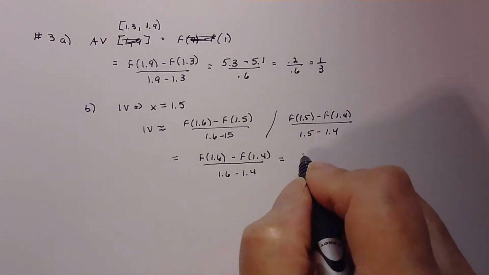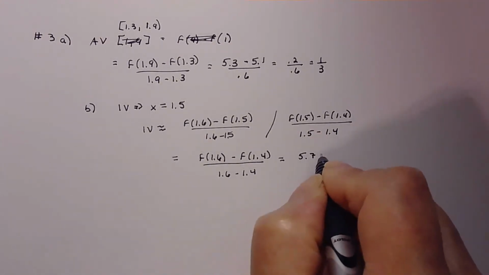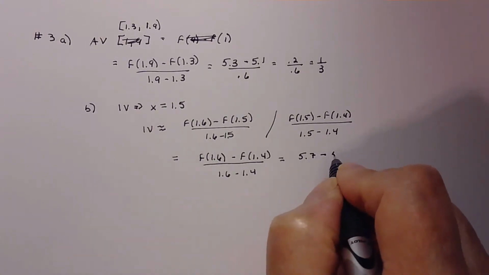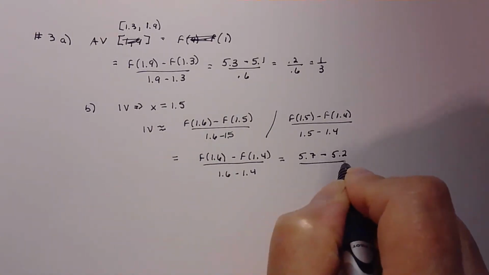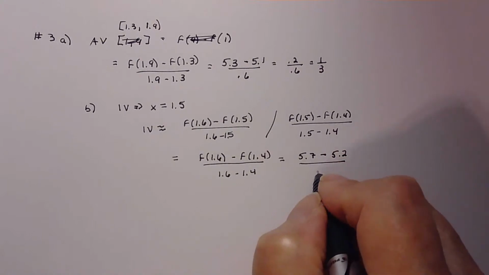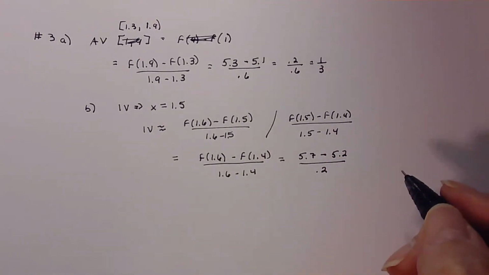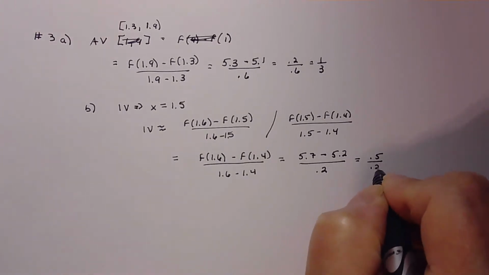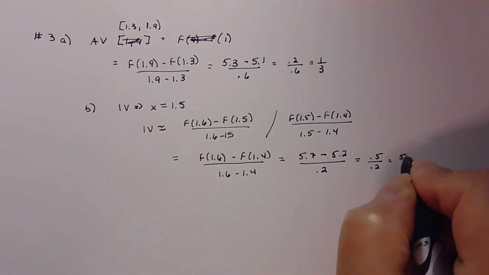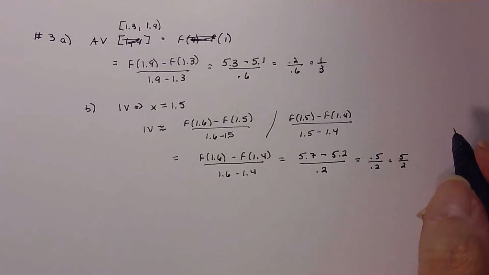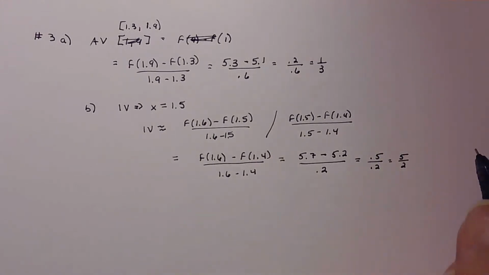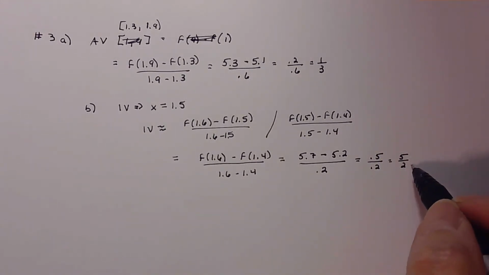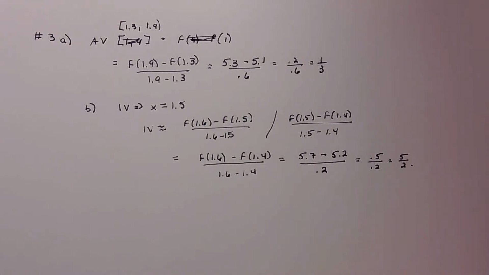So f of 1.6 is 5.7, f of 1.4 is 5.2, and 1.6 minus 1.4 is 0.2. And this is going to be 0.5 over 0.2, which is 5/2, or 2.5. So this would be the answer in the key for that one.